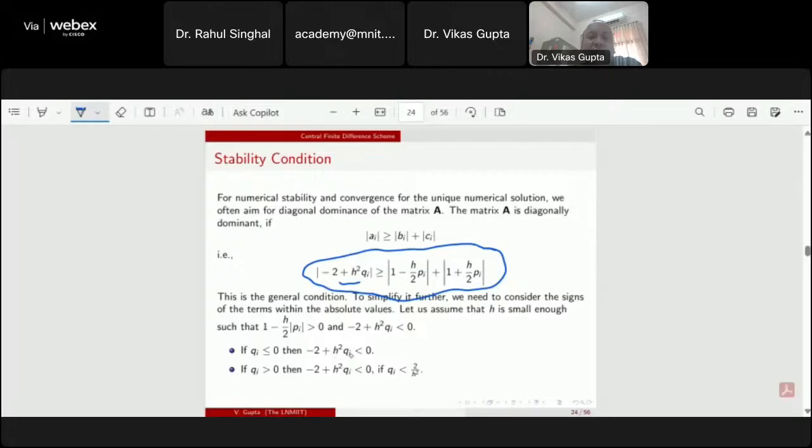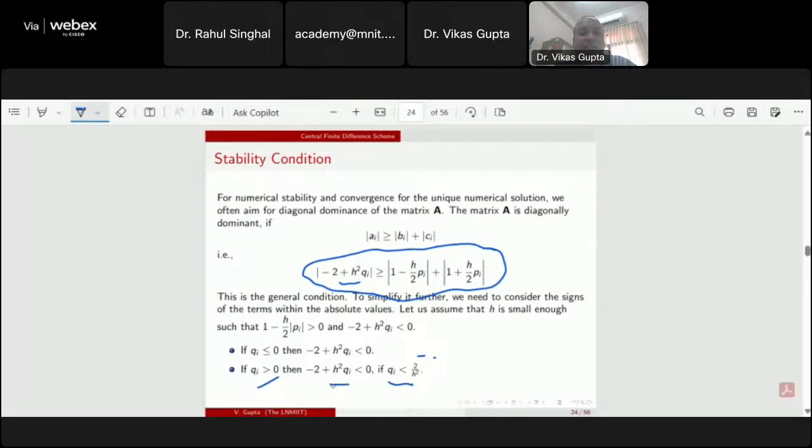So this condition, qi less than 2 by h square, is required for minus 2 plus h square qi to be less than 0.